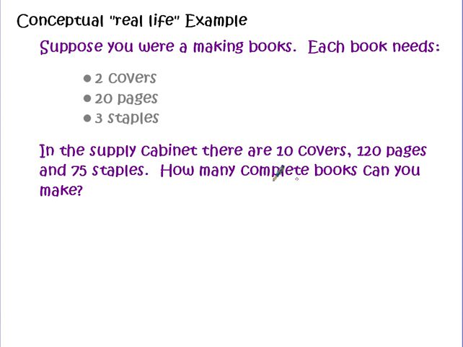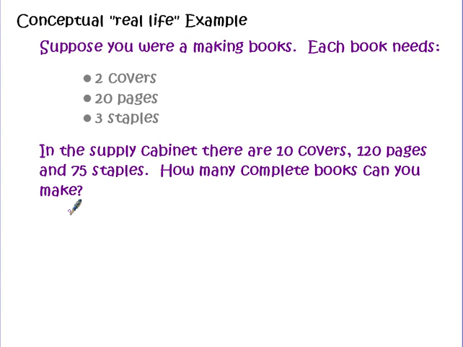Here's what we need. This is what we have available to us, and we want to see how many books we can make. So for each of these 3 things that we have, we need to find out how many books I can make from each of them.